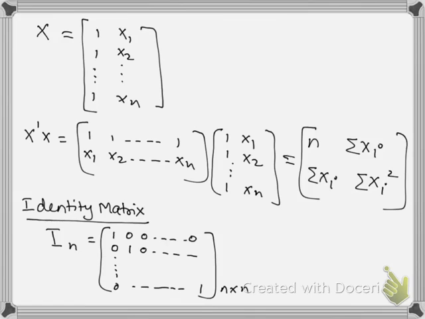For example, if it's a 2 by 2 matrix, I2 would be 1, 0, 0, 1. The identity matrix plays the same role as the number 1 in ordinary arithmetic. That is, if you multiply a matrix by an identity matrix, you would get the same matrix.